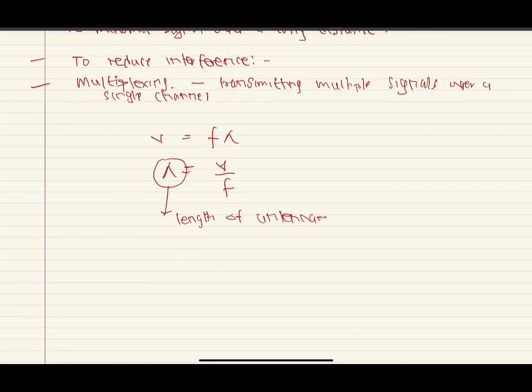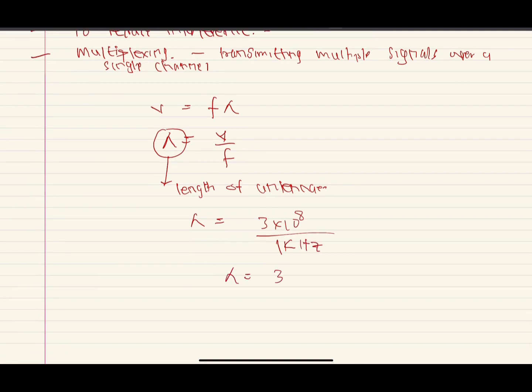So if you are transmitting information with a lower frequency, you know that the velocity of light in air is 3 times 10 to the power 8. If you are transmitting, let's say, 1 kilohertz information, you are going to get lambda equal to 3 times 10 to the power 8 over 1 times 10 to the power 3, which is 3 times 10 to the power 5 meters, which is very, very long.